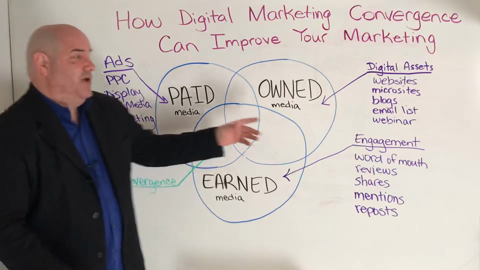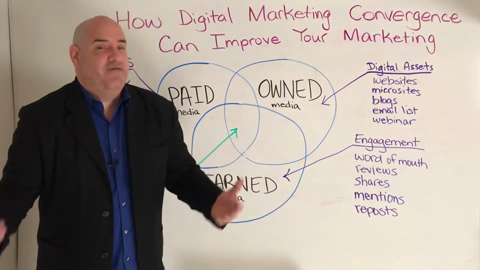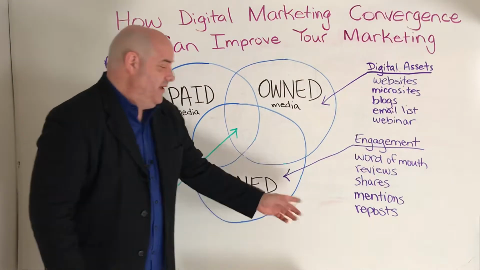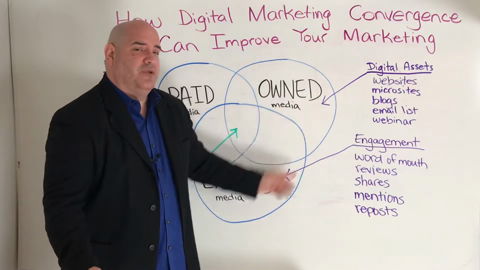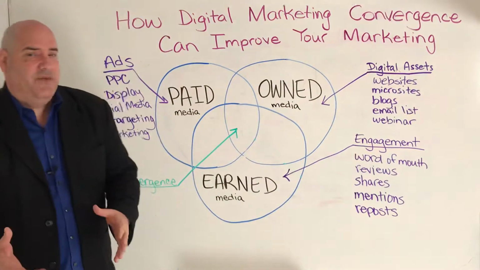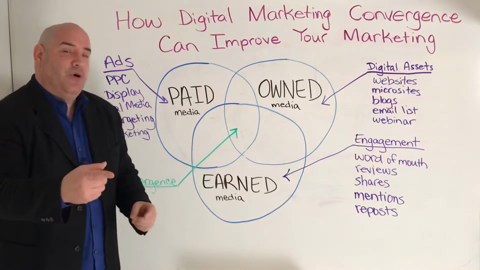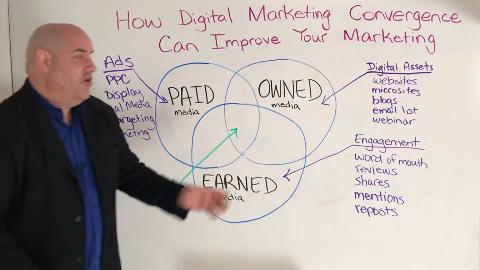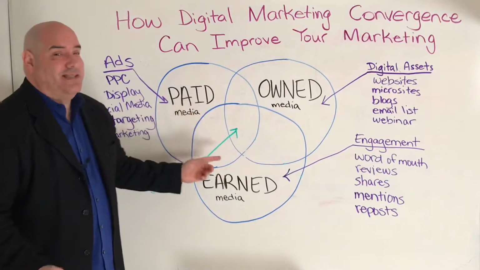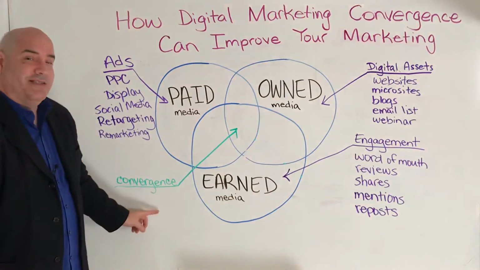So you have the digital asset that's owned, and someone leaves comments, they rave about the product, they love it, that's earned media. So now you have owned, which is the blog post, and earned media, which is all the comments. Now if it does well, then you can run an ad to that post to try to sell that product. That is where all three of these come together. That was an example. When they come together like that, it's convergence.